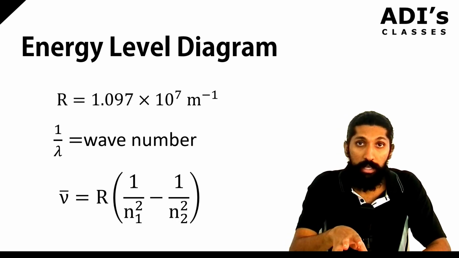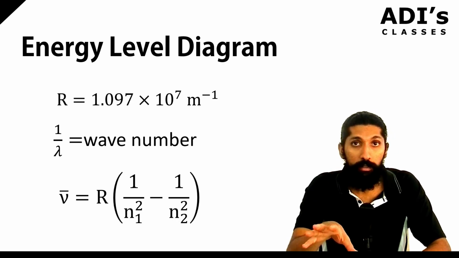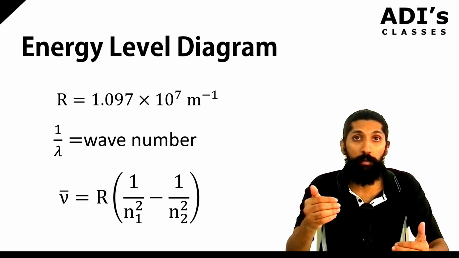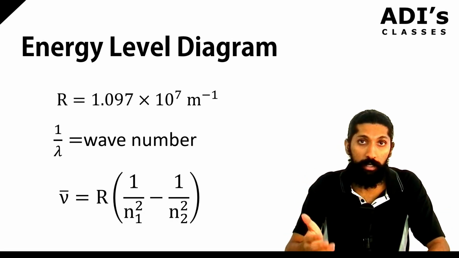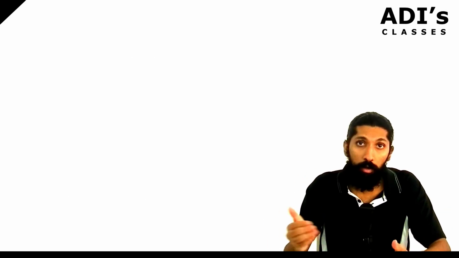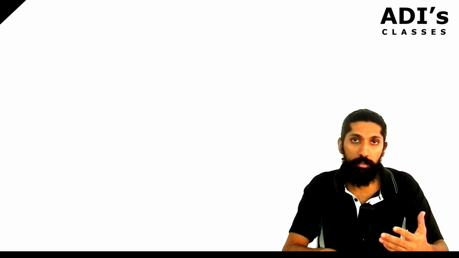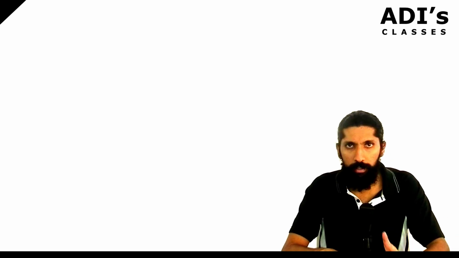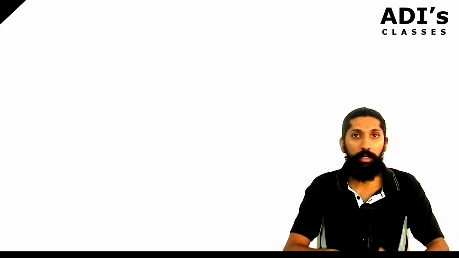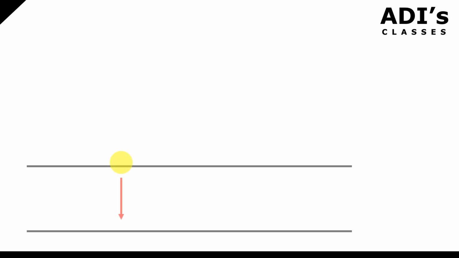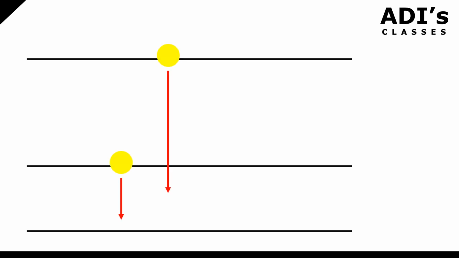Now guys, this is a very important part because we are going to discuss the energy level diagram, based on how that jumping of the electrons is going to occur. It's a very simple concept. See here, suppose n1 is equal to 1 and n2 is equal to 2, 3, 4, and so on and so forth.